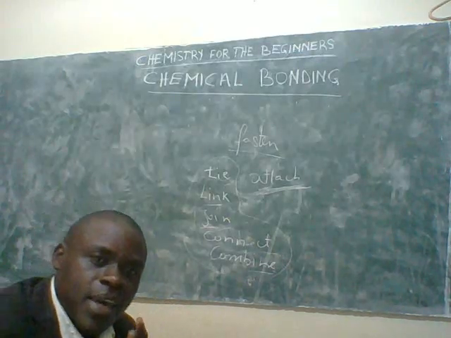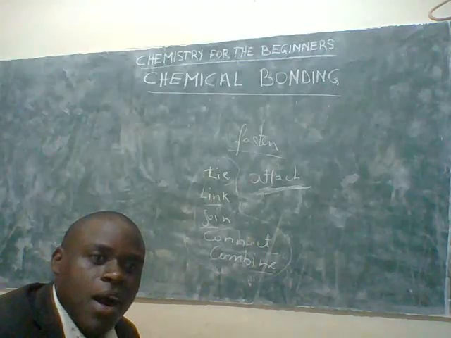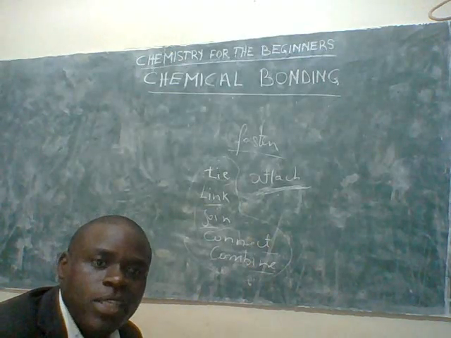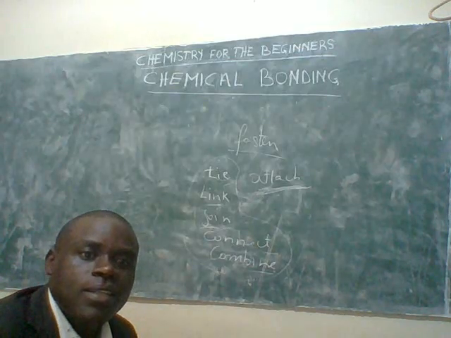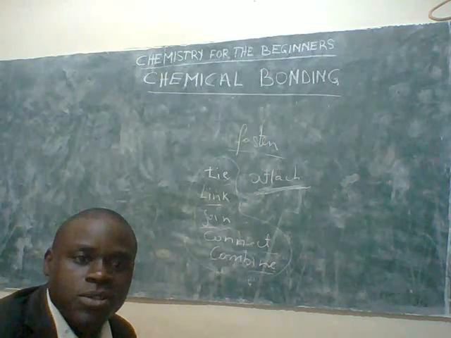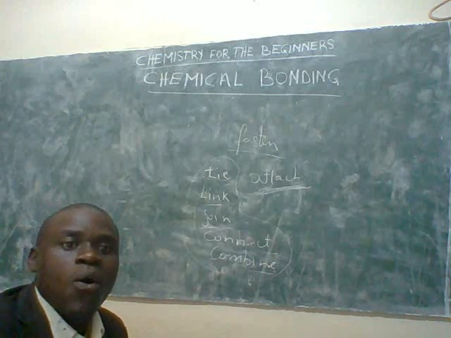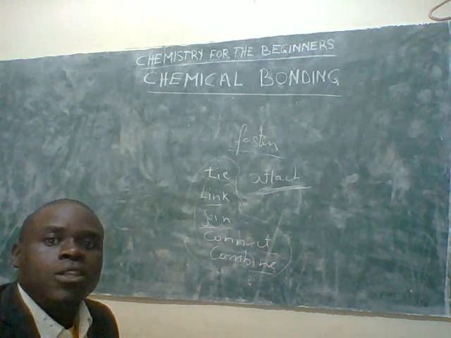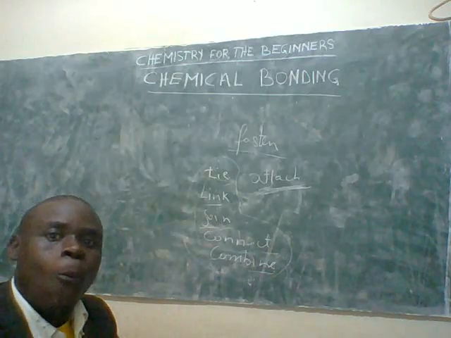So even in chemical bonding, we want to have that spirit. If we say a type of bonding, you have to know that it is a type of combination. It is a type of one atom joined to another.